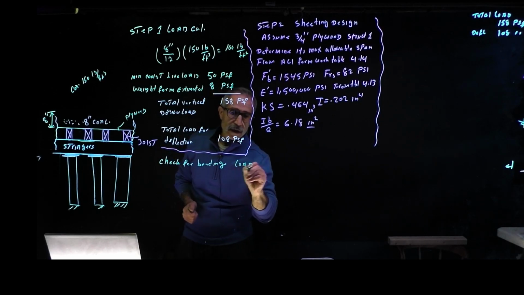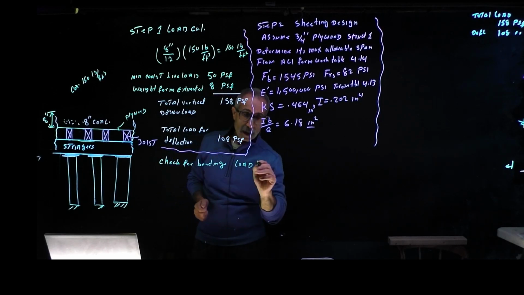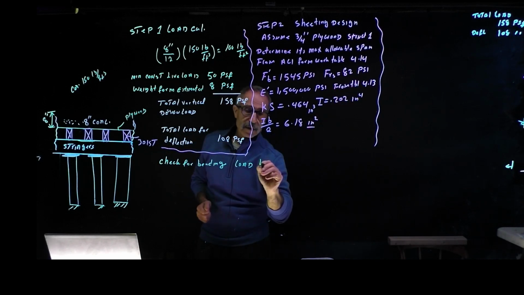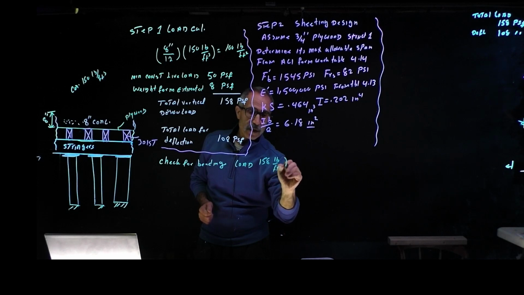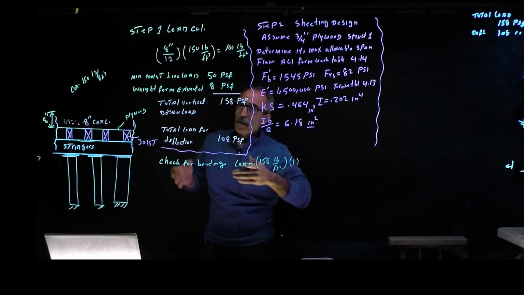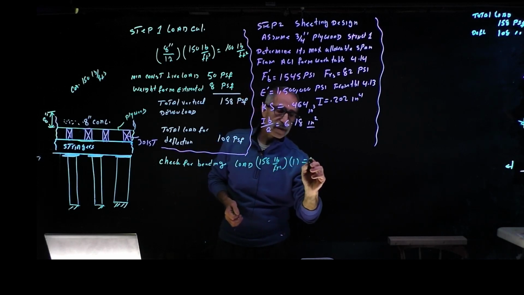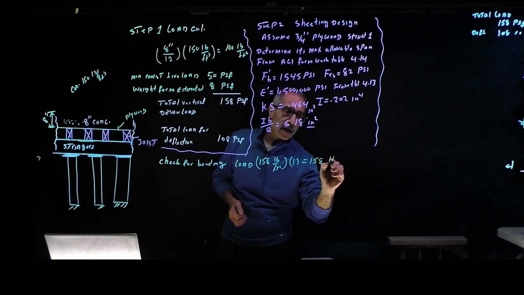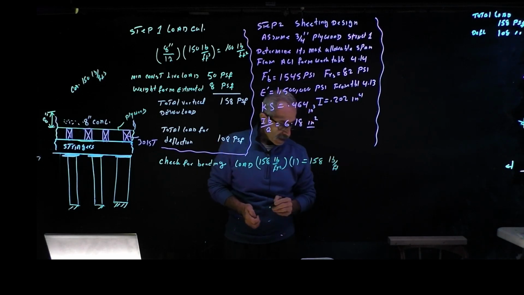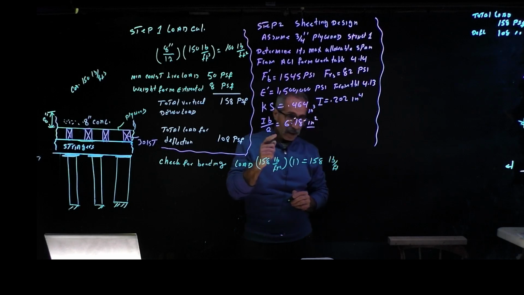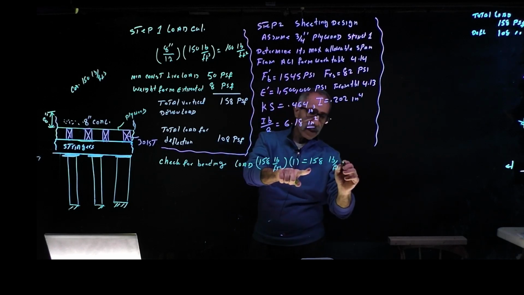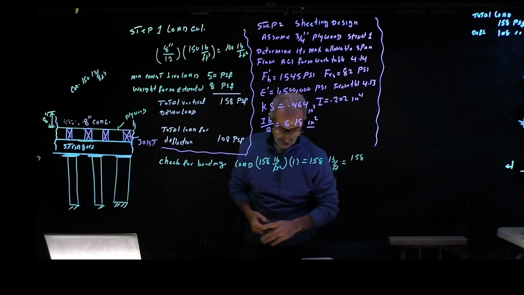The load was 158 pounds per square foot, and using the 1 foot strip as our tributary width gives us 158 pounds per foot. If we convert that to inches, divide that by 12, that'd be the same as 158. No, I lied.